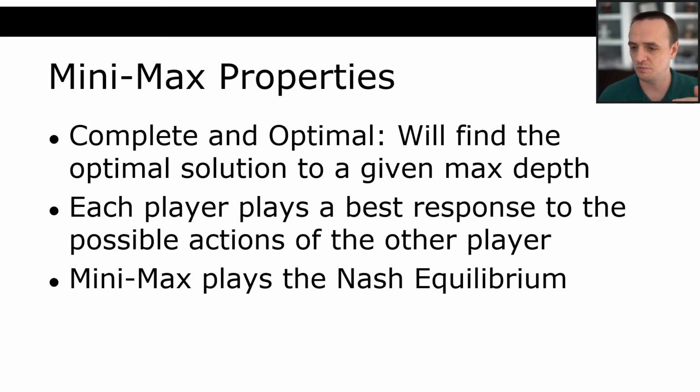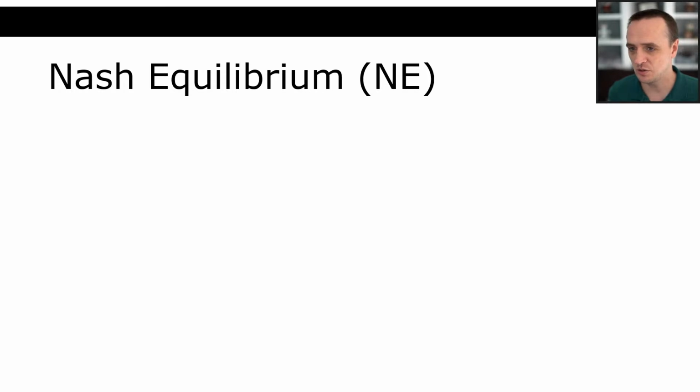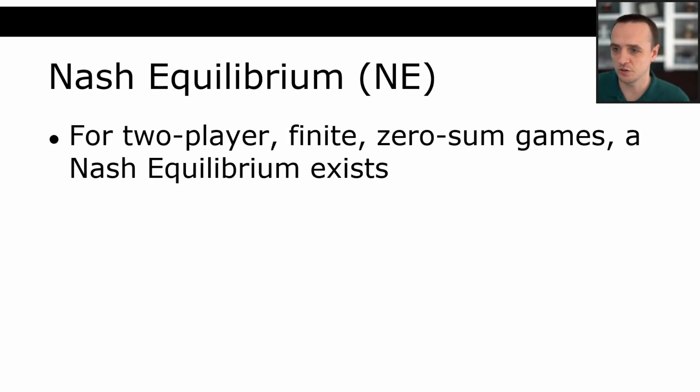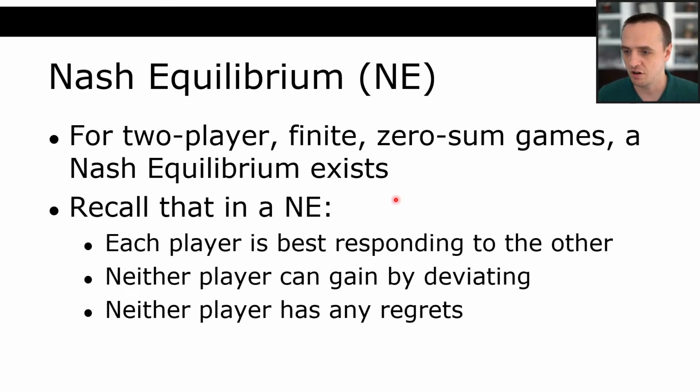So it looks for all these best responses and does the best that it can, given that it can't search the entire tree. So we talked about Nash equilibrium last time. There's a really cool thing. For two-player, finite, zero-sum games, a Nash equilibrium exists. And recall, each player is best responding to each other in a Nash equilibrium.